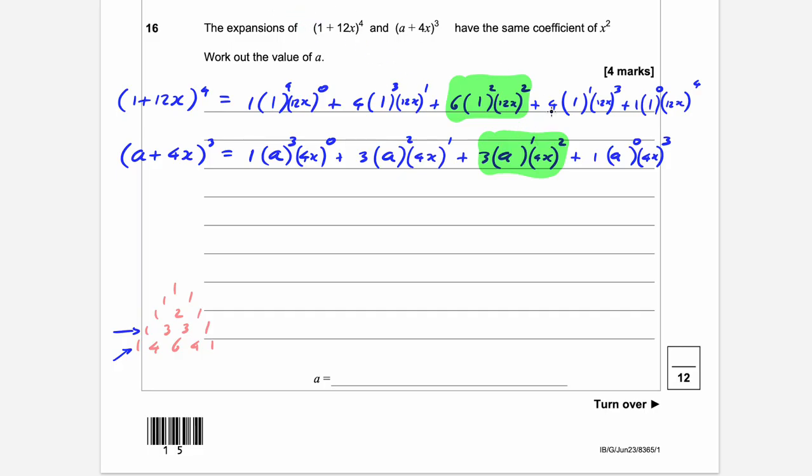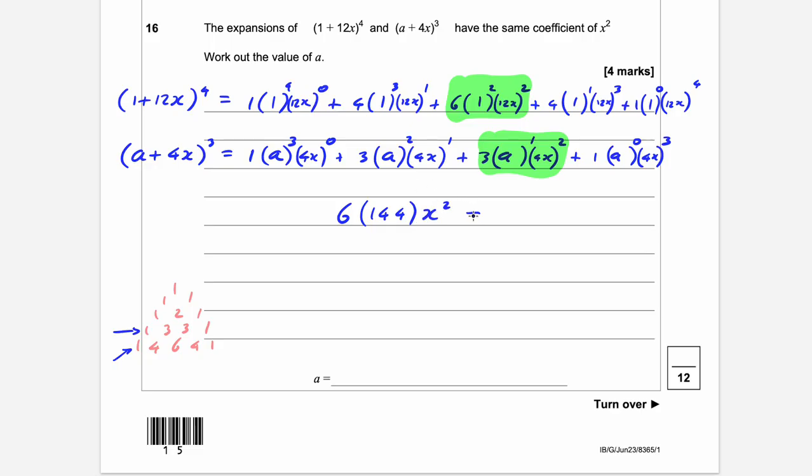Okay, so this term must equal this term, and it says the coefficients are the same, but obviously they both have x squared, so I can cancel them anyway. So this one is 6 times, careful that I have to square the 12, guys, so it's 6 times 144 x squared.